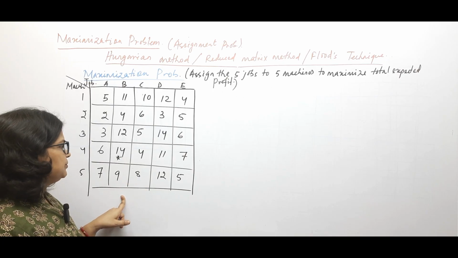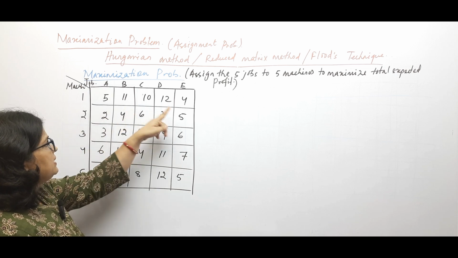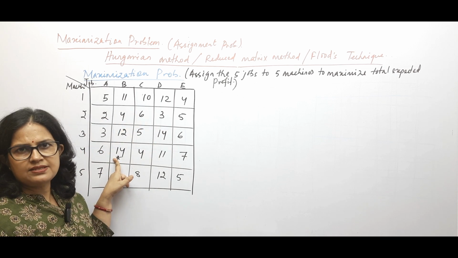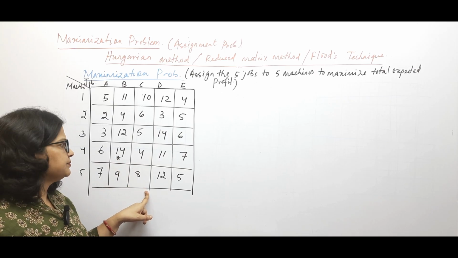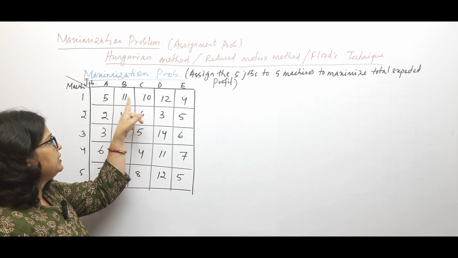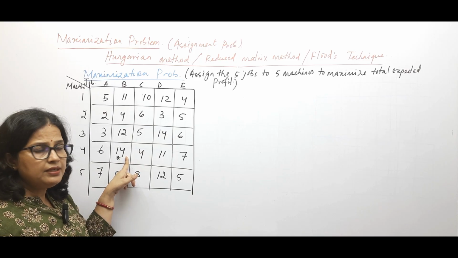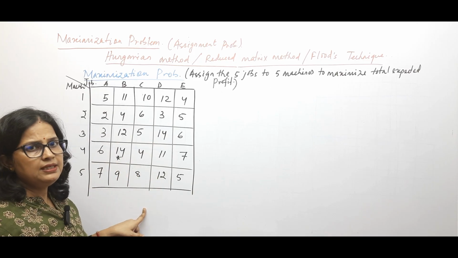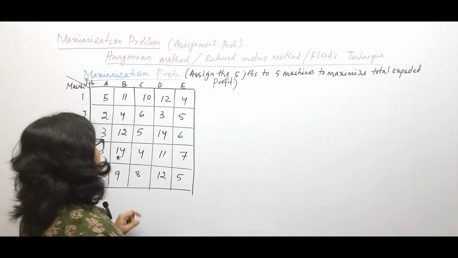So what we need to do is subtract each cell from this highest value to make it a minimization problem. Let us do it.